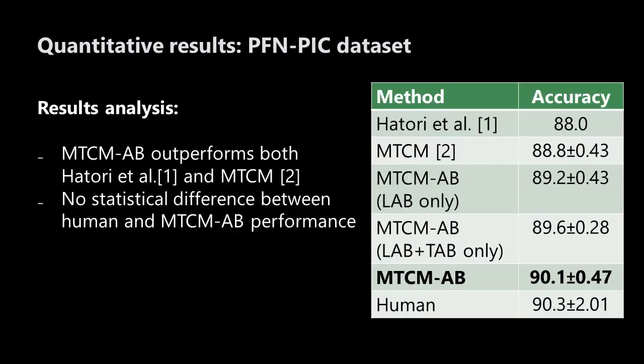On this dataset, the MTCM-AB outperformed the state-of-the-art baselines with an accuracy of 90.1%. Further ablation studies showed the benefits of using attention branches. Additionally, there was no statistically significant difference between the MTCM-AB and human-level prediction.